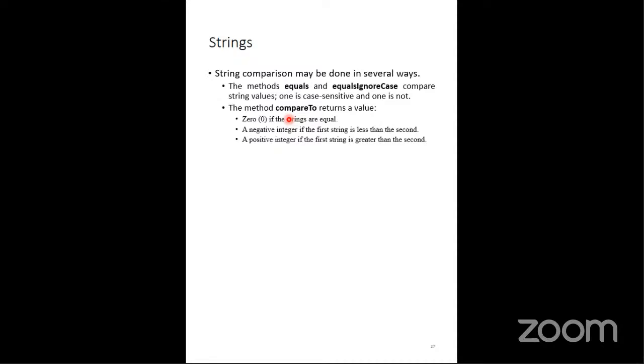By default, uppercase characters and lowercase characters are considered different. So the equals method will compare two strings for equality, but with case sensitivity. I repeat, the equals method will try to find out whether two strings are equal or not with case sensitivity.